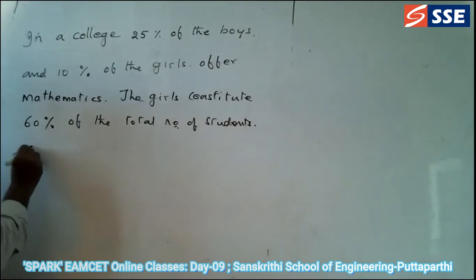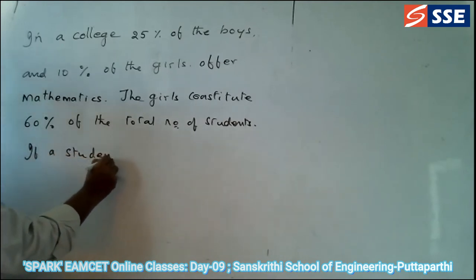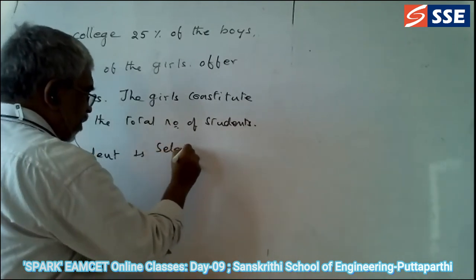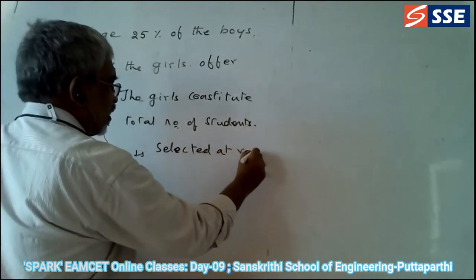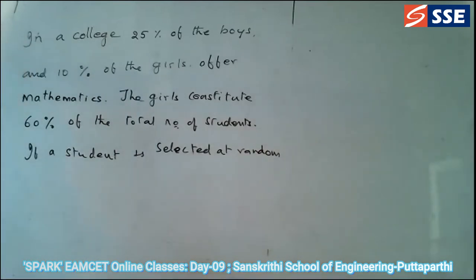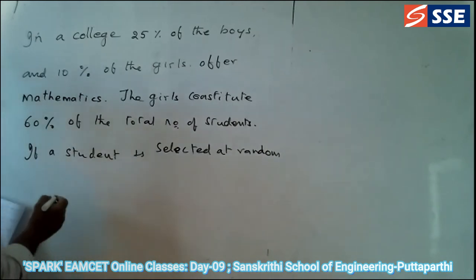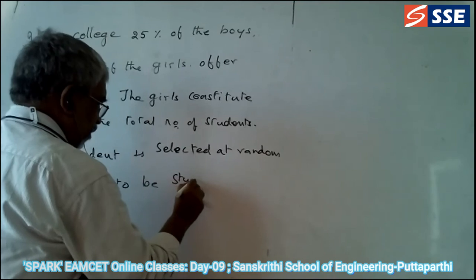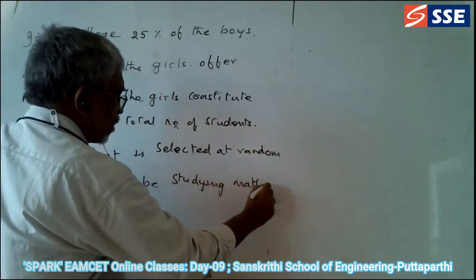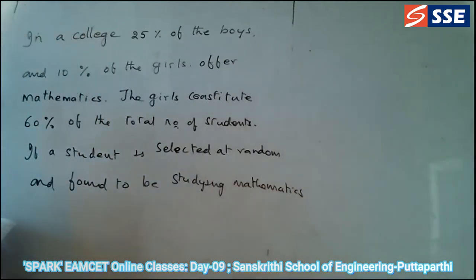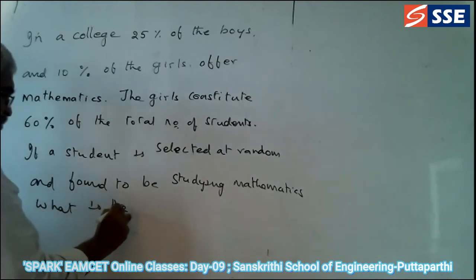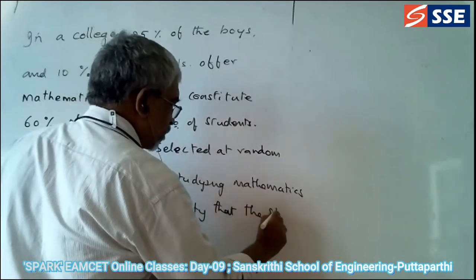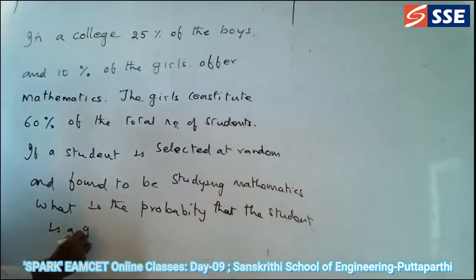If a student is selected at random and found to be studying mathematics, what is the probability that the student is a girl student?